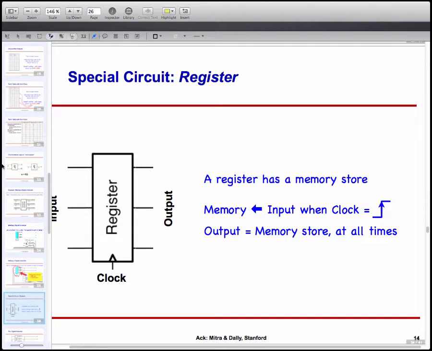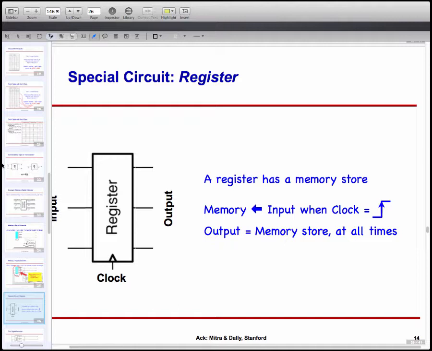A register is a digital logic block which remembers a value, and the value it outputs is the content of the register, which is updated whenever the clock comes. In our example, midnight was the clock. Every time there is midnight, the input is read and stored into the register. At all other times, the output of the register is simply whatever is stored in it.